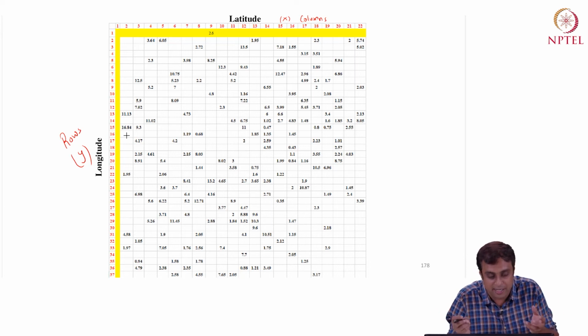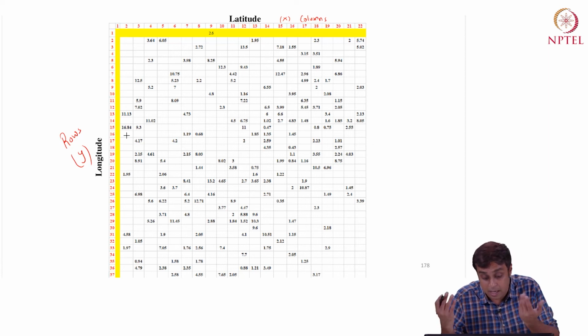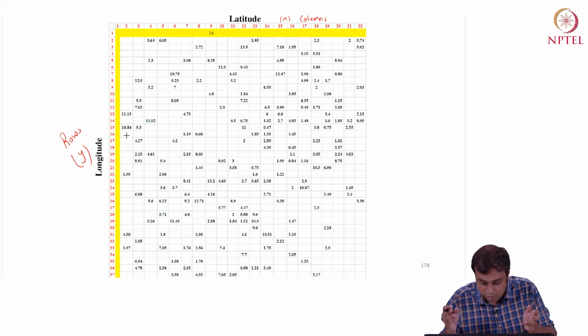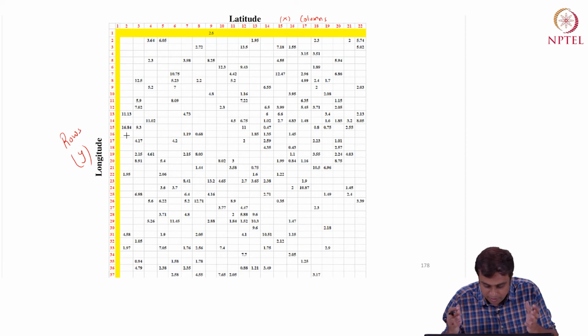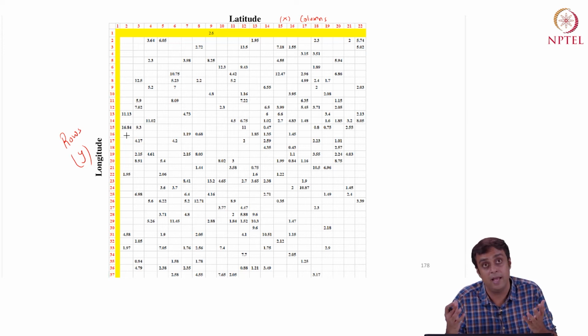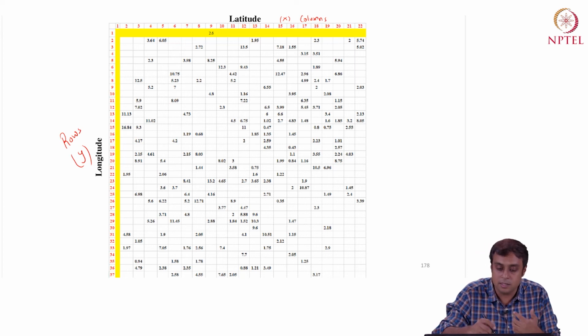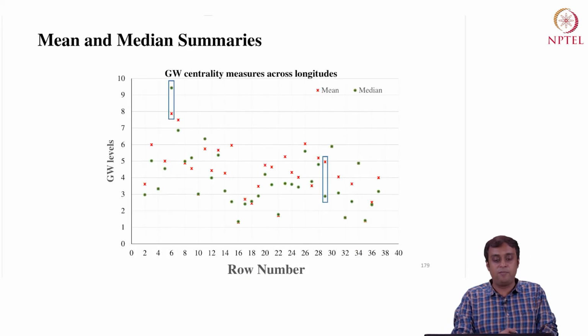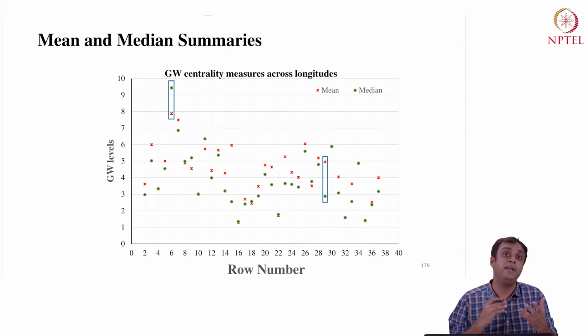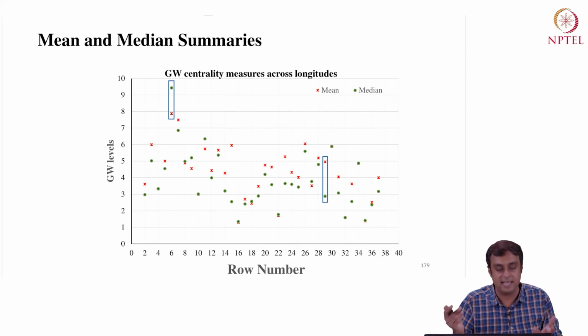So if what I see is a lot of 3s and 4s and maybe 6s, but there are some 12.3, there is a 10.5 all of a sudden, right? Those values should ring a bell that maybe something is off here. So let's move forward and do these mean and median summaries to get that sense.